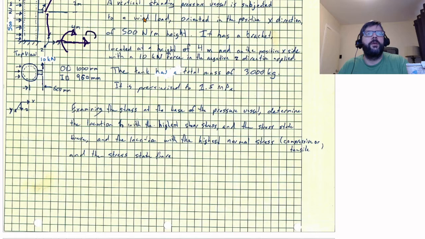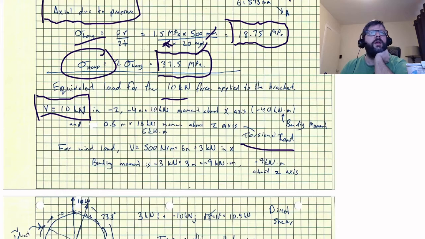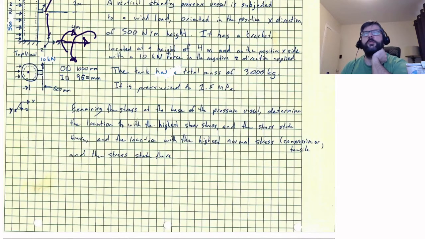Right hand rule would be positive that way. So that is a negative bending moment. Magnitude is 4 meters times the 10 kilonewtons, so negative 40 kilonewton meters. That's our bending moment.